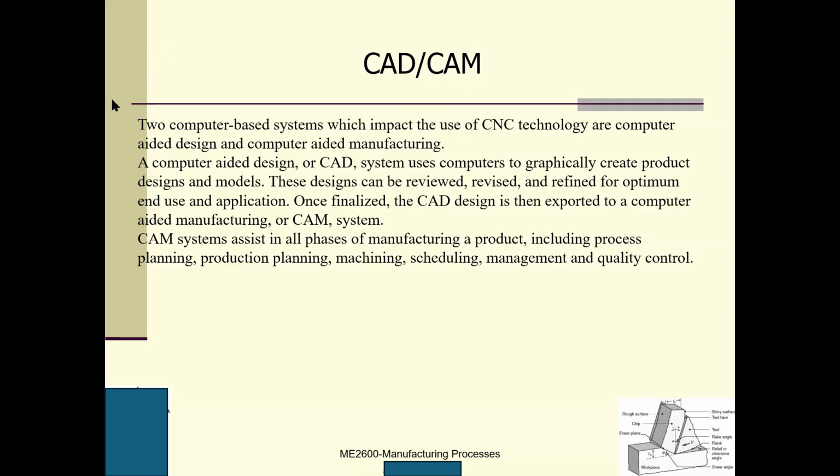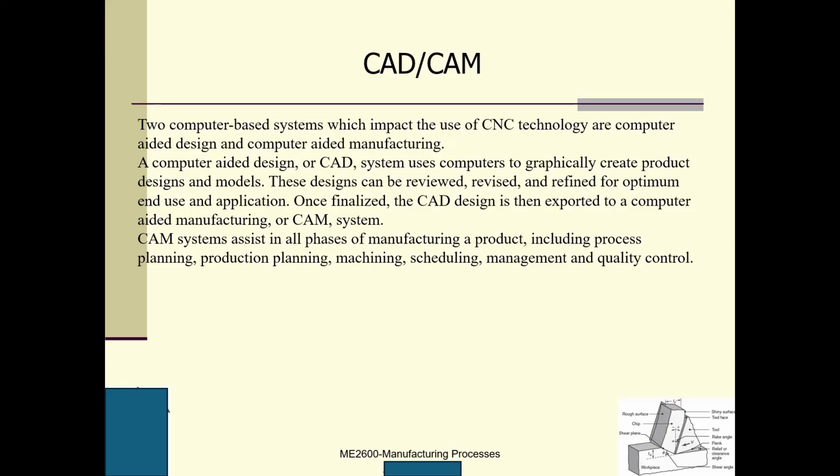Right? So the two computer-based systems which use CNC technology are computer-aided design, which is for the model, the final product, and computer-aided manufacturing. The CAD system uses computers to create product design models.